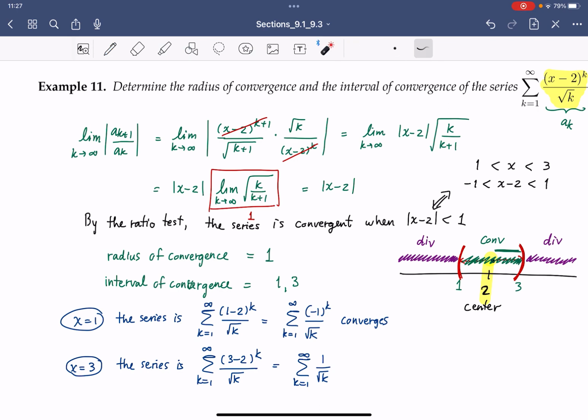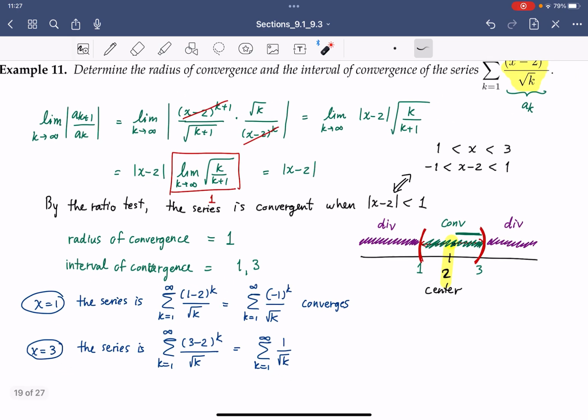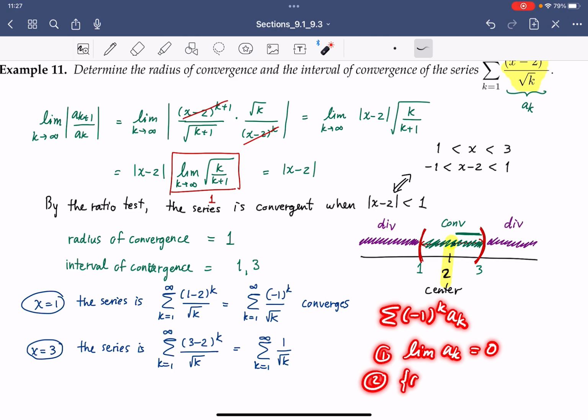If you recall from last week, for the summation of negative 1 to the k a subscript k, if you can show that the limit of a_k equals 0 and that a_k is decreasing, you conclude it is convergent by the alternating series test.